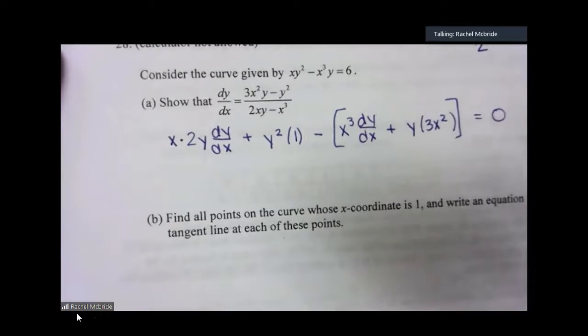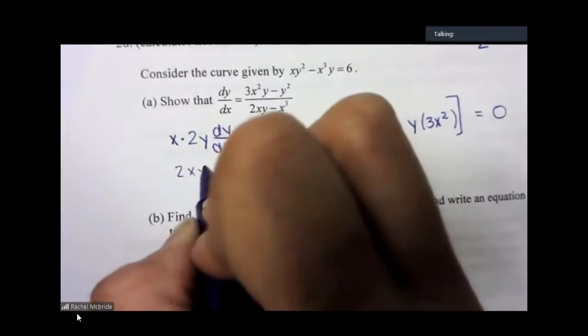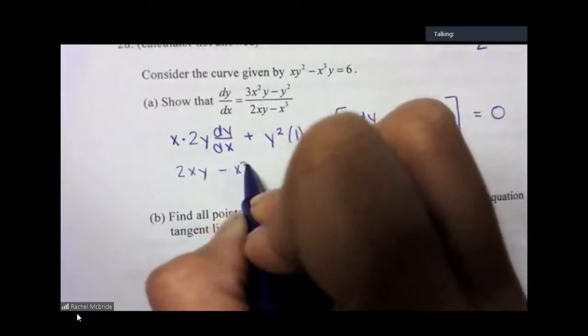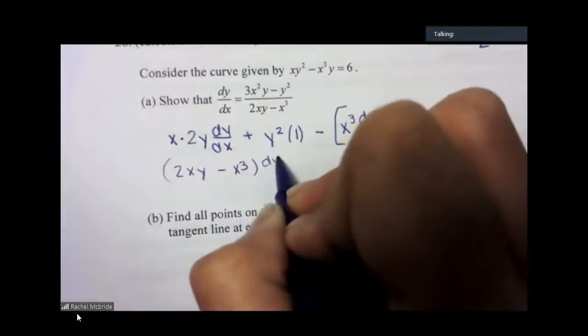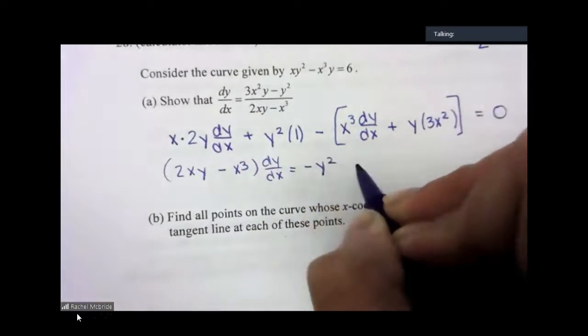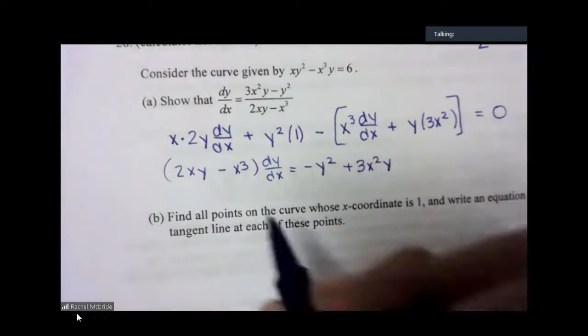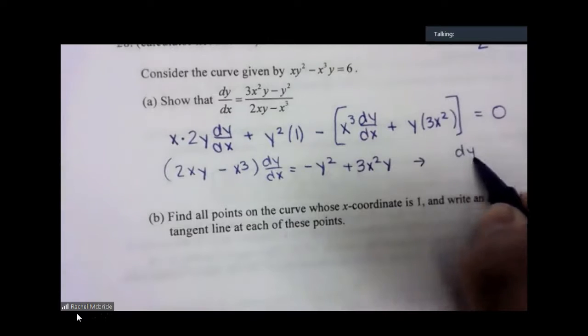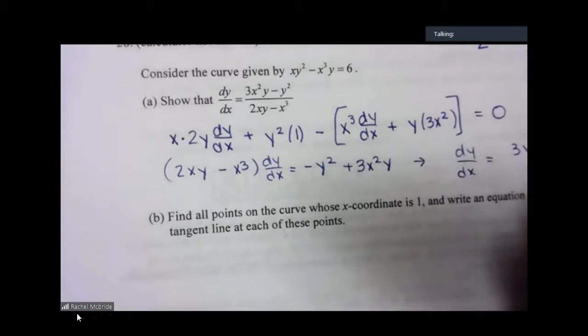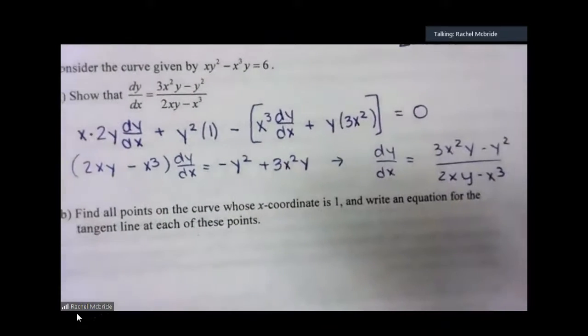Get dy dx on the left, the other stuff on the right. Those were 2 points on the AP exam.